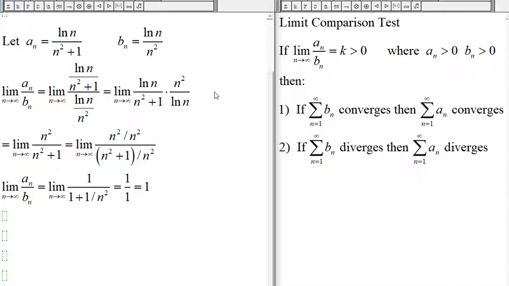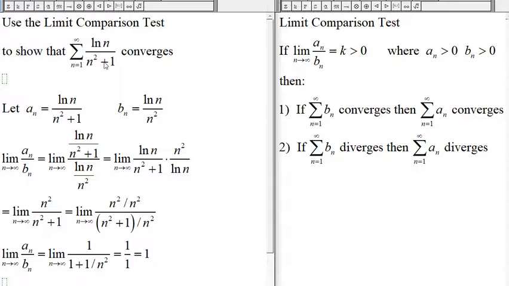And so we have shown that this is equal to 1, which is greater than 0. And so the next thing we need to show is that the series b sub n converges.